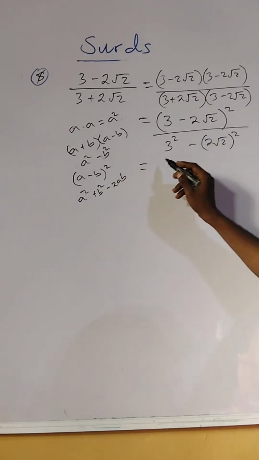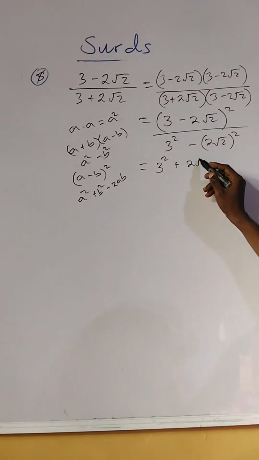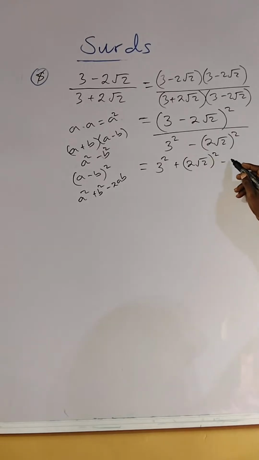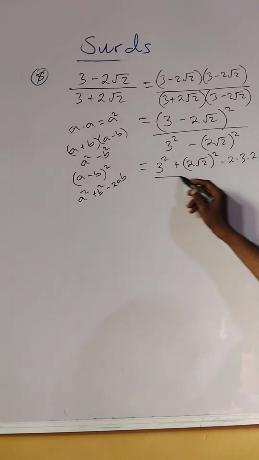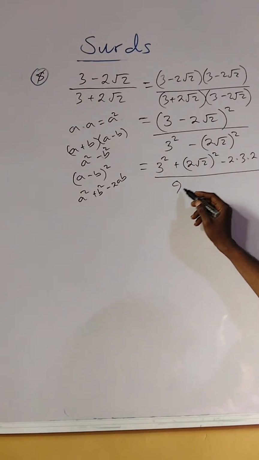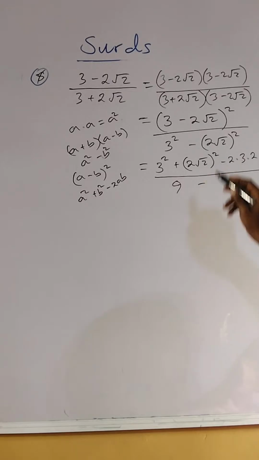So applying this here, we have 3 square plus 2 root 2 all square, then minus 2 times 3 times 2 root 2, divided by 3 square, that's 9, then minus 2 root 2 square.